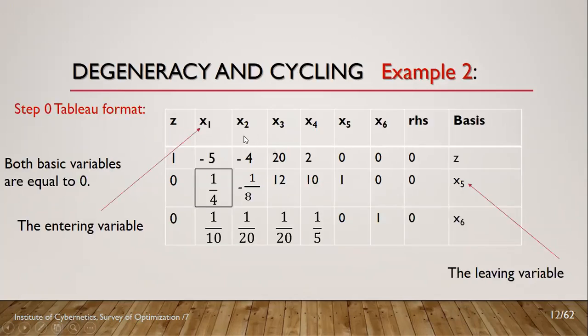So this is actually the step 0 tableau. Both basic variables are equal to 0 here, right? And everything is 0 here.